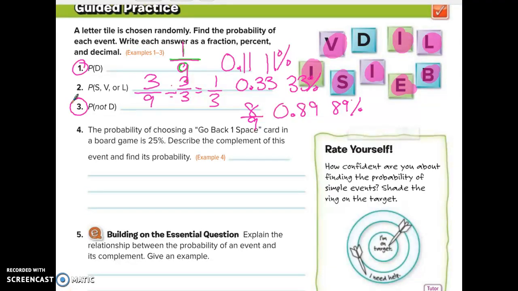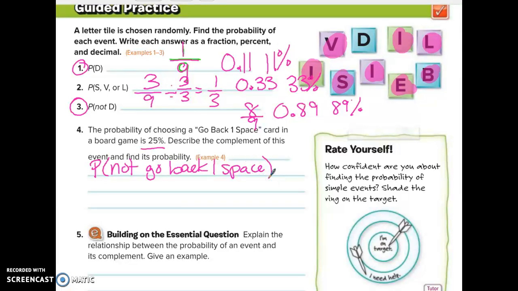Number 4, the probability of choosing a go back 1 space card in a board game is 25%. Describe the complement of this event and find its probability. So the complement would be the probability of not selecting a go back 1 space.